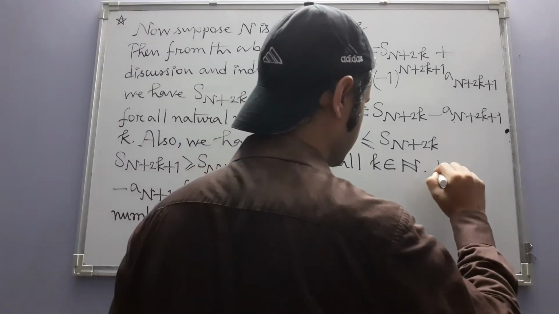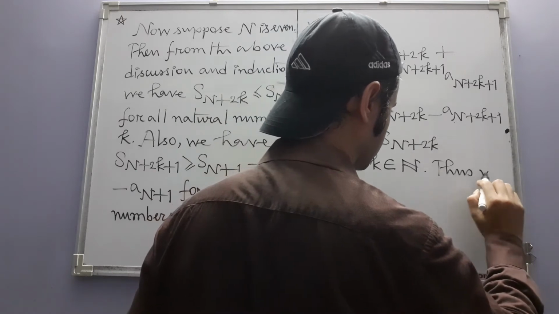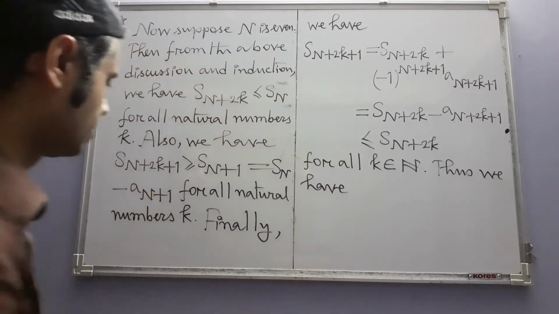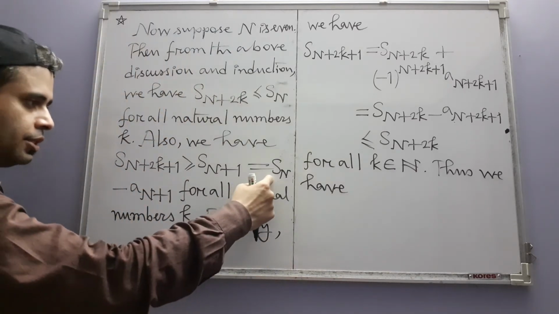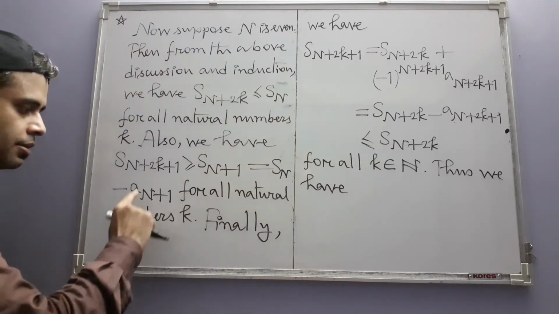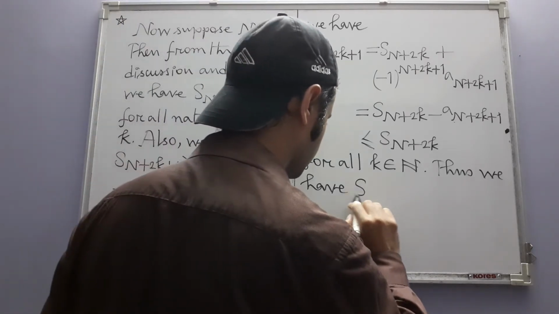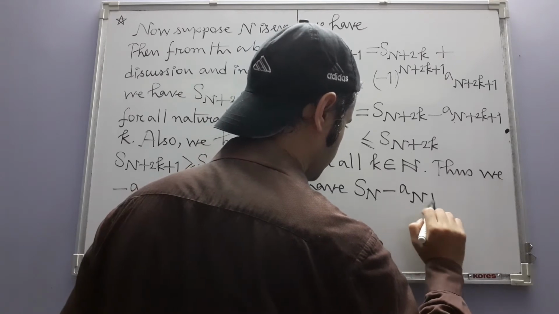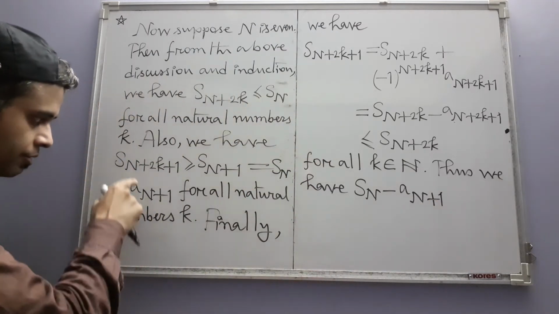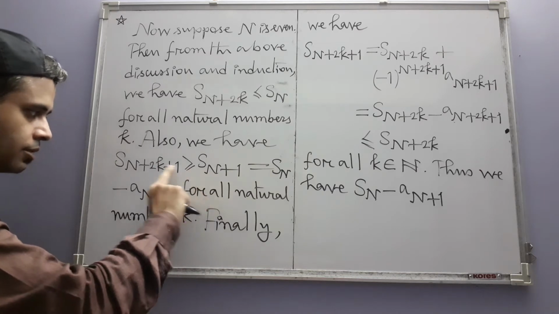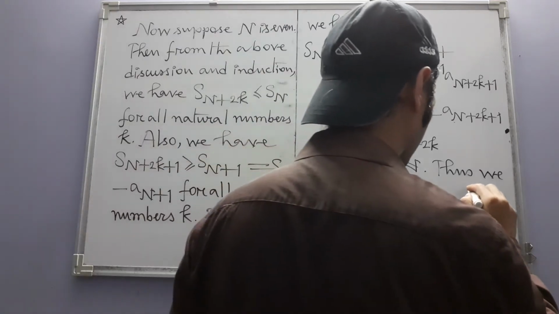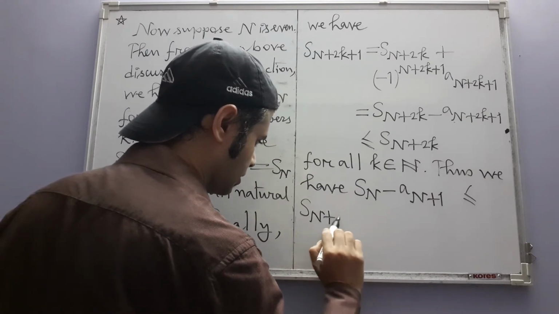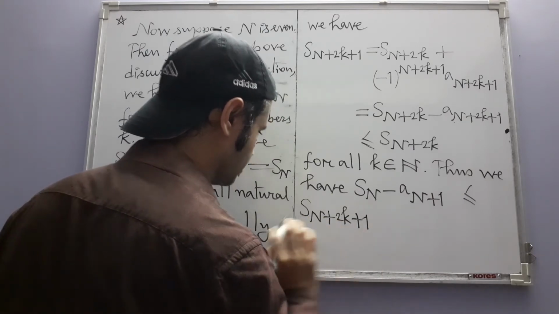Thus we have this. First of all, we write this S_n minus a_{n+1}. We found that to be less than or equal to this thing, S_{n+2k+1}.